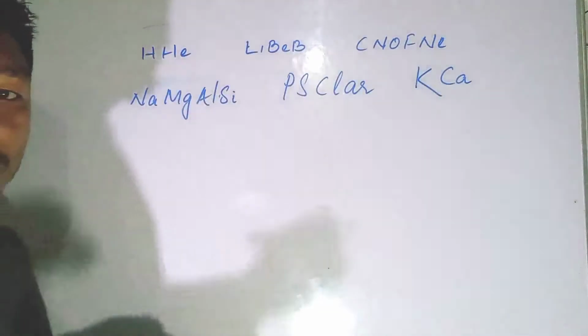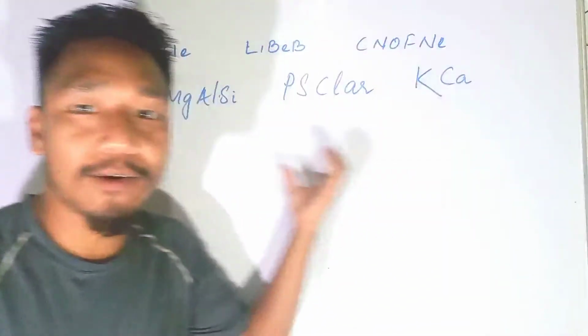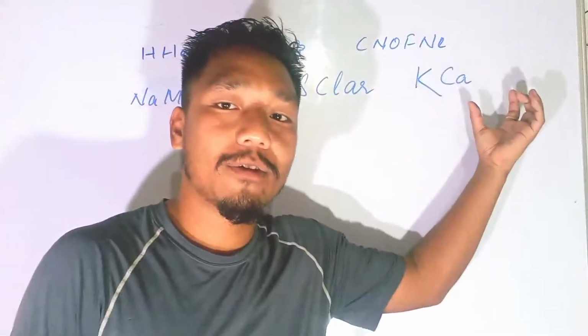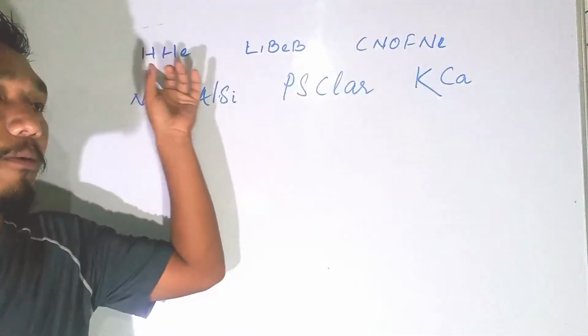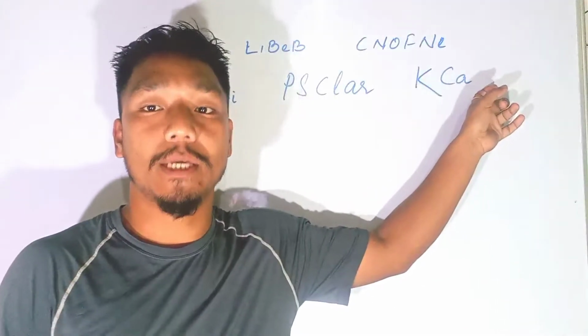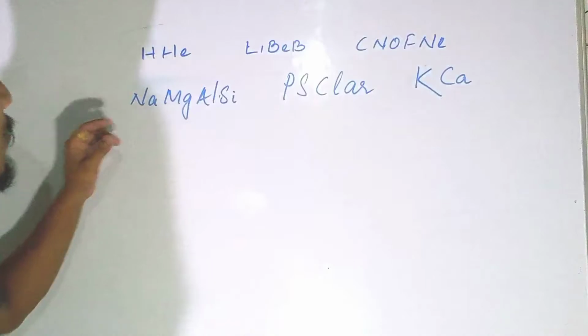In this very sentence I have 20 elements, from atomic number 1 to atomic number 20. You try to recall this. Try to follow me.